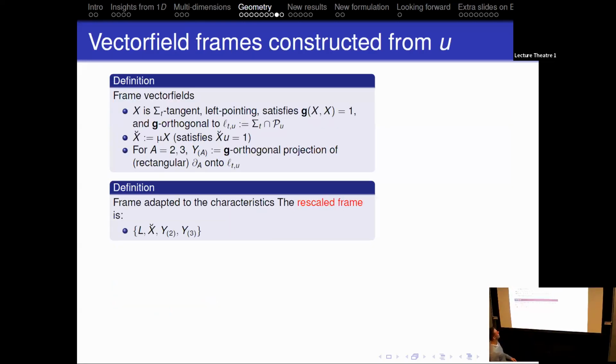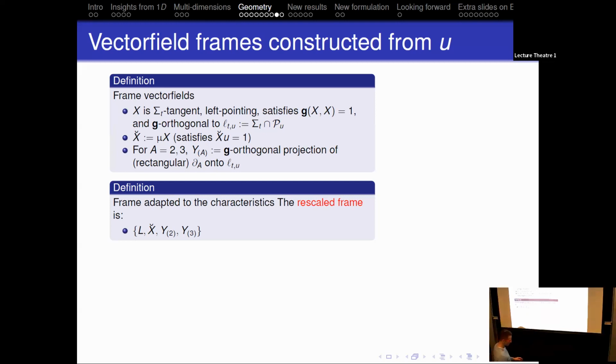Okay. And building off of L, you can construct an entire frame of vector fields. There's a vector field called X, which has length 1, and it's transversal to the characteristics, and it's orthogonal to the codimension 2 surfaces where you intersect the characteristics with Sigma_t. And then you can construct angular vector fields by using orthogonal projection of the Cartesian vector fields.